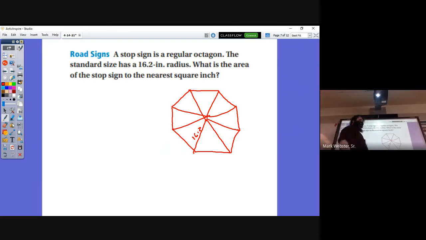All we need to do is figure out what that middle angle is in between, right? Well, if it's 360 all the way around, we just divide by 8. What's 360 divided by 8? Yeah, 45, right?